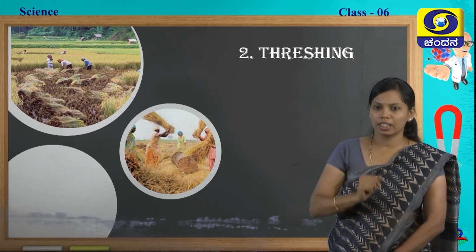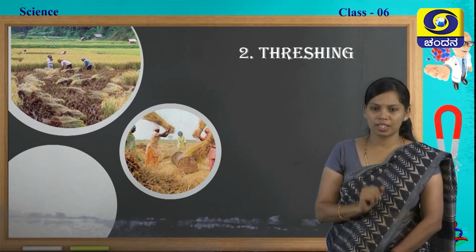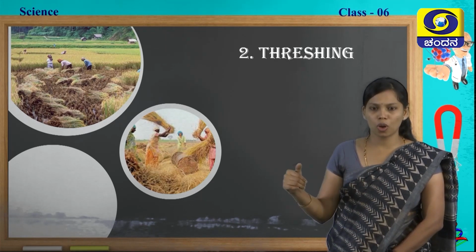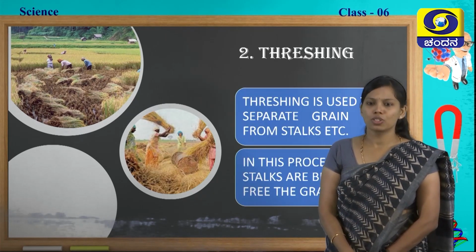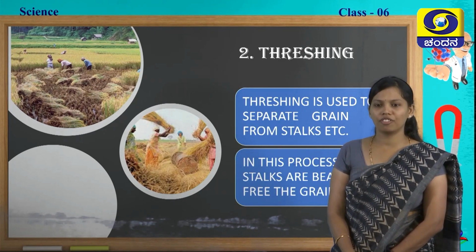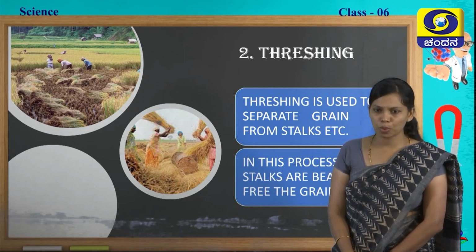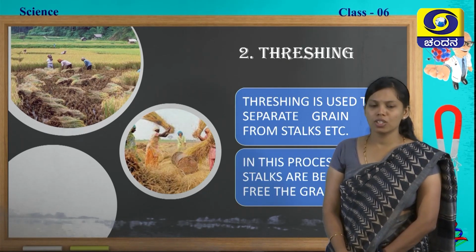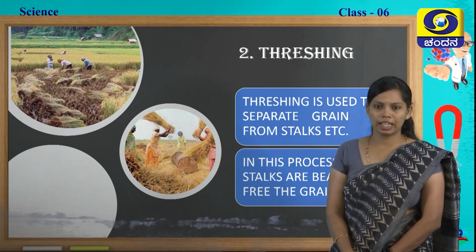So, the threshing method is involved in harvesting. Before storing the crops, the grains should be separated from the stalks. Threshing is used to separate grain from the stalks. In this process, stalks are beaten to free the grains.